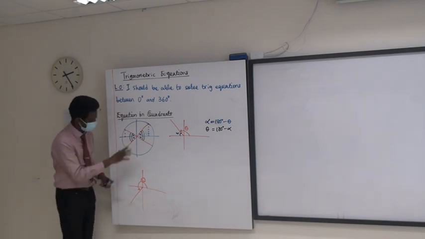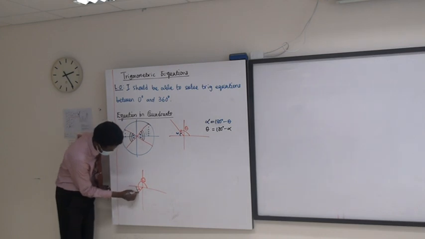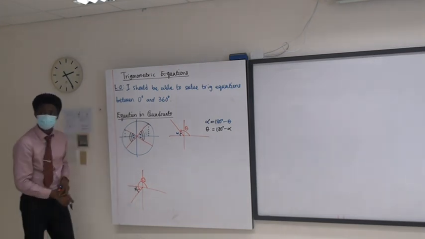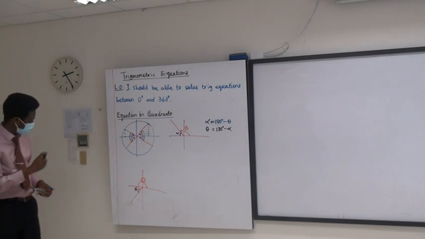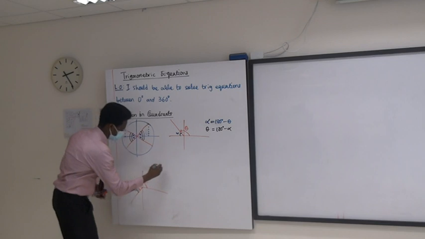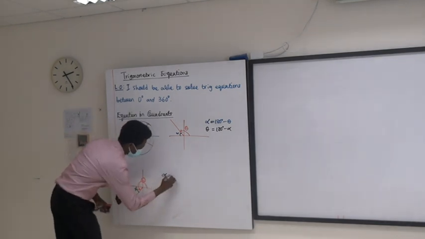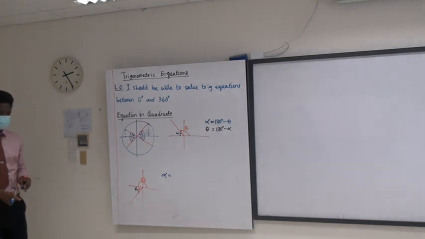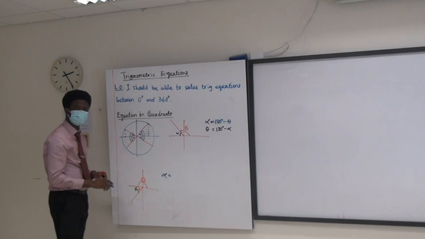Now, using this butterfly pattern, the acute angle that I'm talking about is here. Do you agree? Can somebody tell me the relationship between alpha and theta? If I want to find my alpha here, my alpha will be what? Theta plus 180. Say that again? Theta is alpha plus 180.